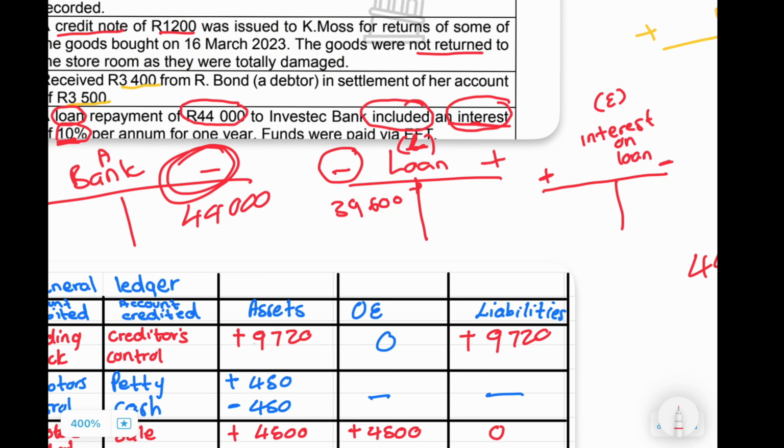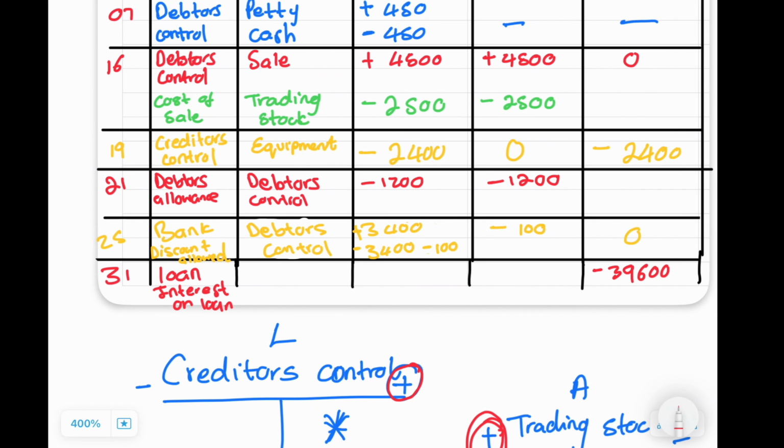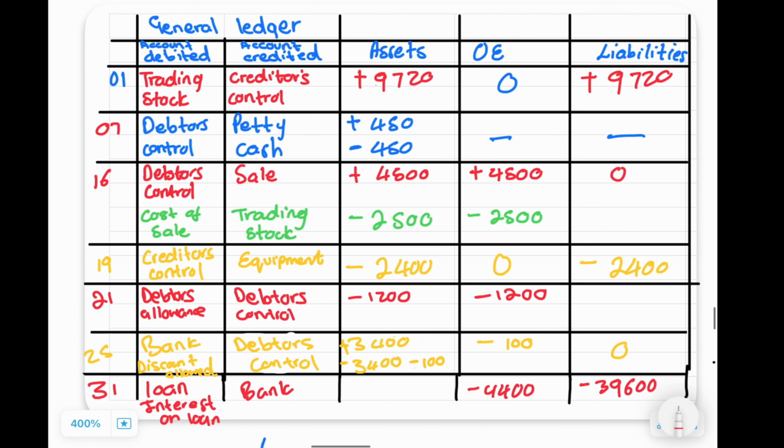Another account which is debited is interest on loan. Interest on loan is an expense account, and expense accounts decrease owner's equity. Another account affected was bank, and bank this time is credited because it is decreasing since we are making a payment. So our bank account will decrease by the total of 44,000.